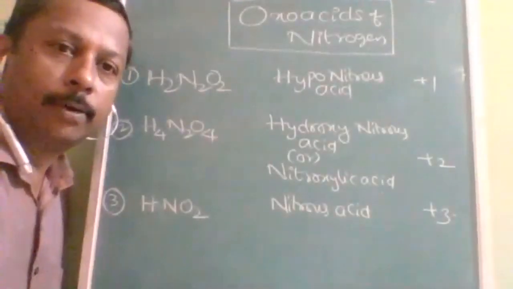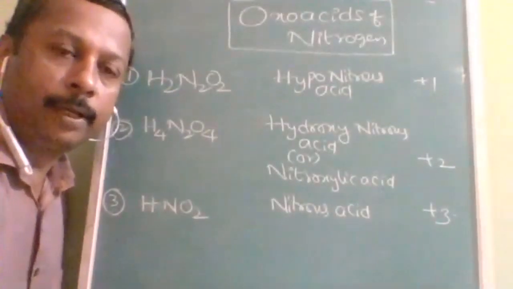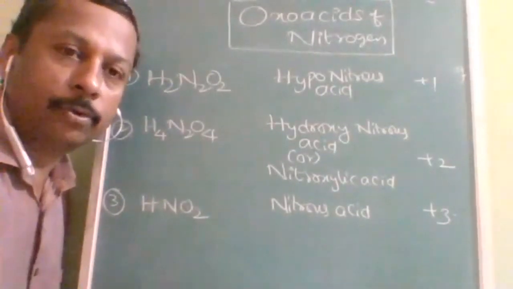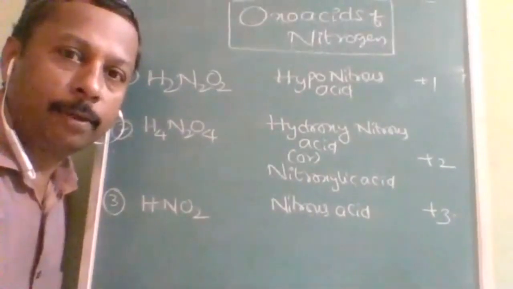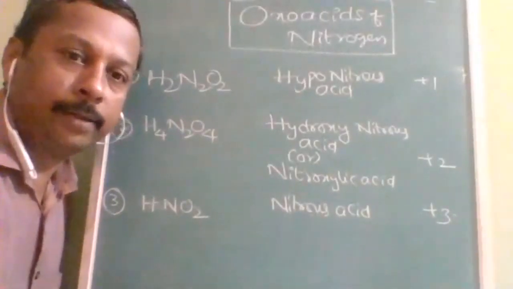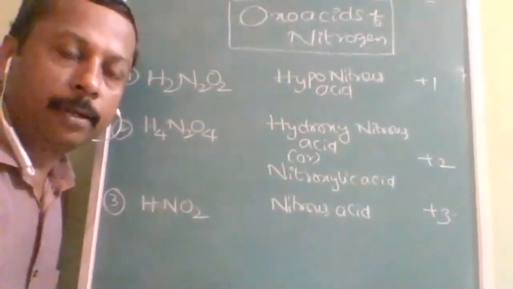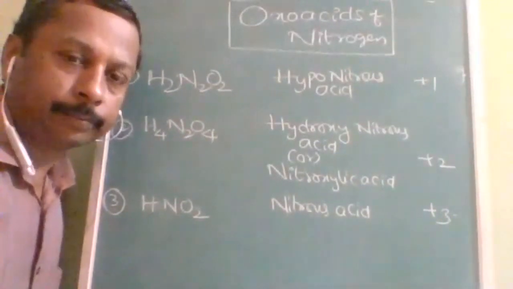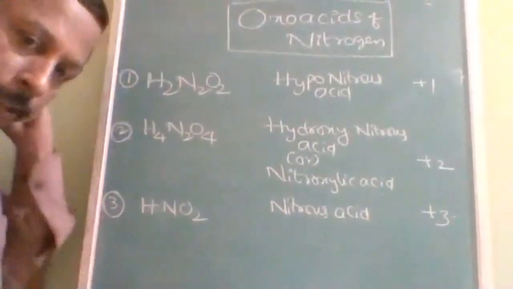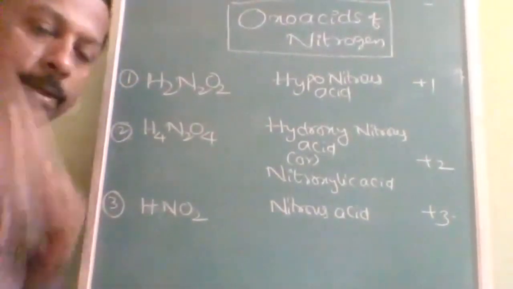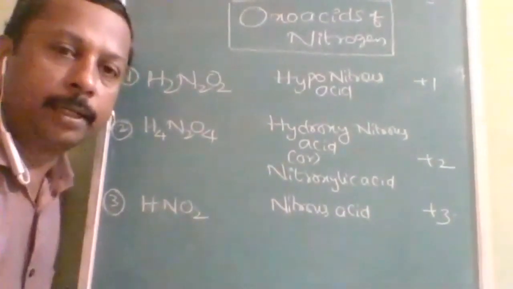Okay, students, now we are going to start with a very important and most frequently asked topic. What is the topic? Oxo acids of nitrogen. People are not getting this information from various books, even though it is mentioned in the NCERT, because it is not explained properly and completely.